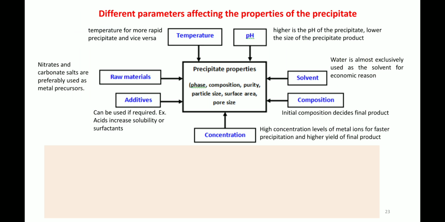Whenever you prepare nanomaterials by the co-precipitation method, it is important to take note of these parameters, because the phase, composition, purity, particle size, surface area, and pore size are going to depend on the temperature during the precipitation, the pH, the solvent you are using, the composition, the concentration of the solute and solvent, the additives, and the raw material.